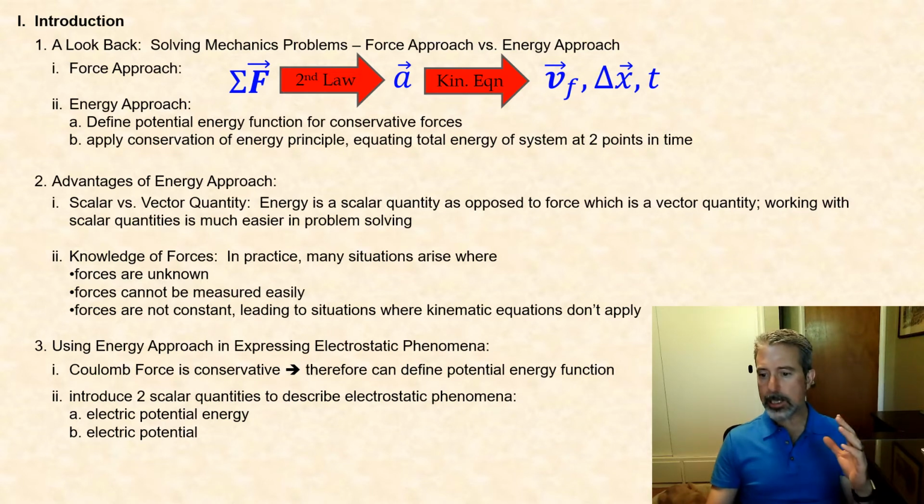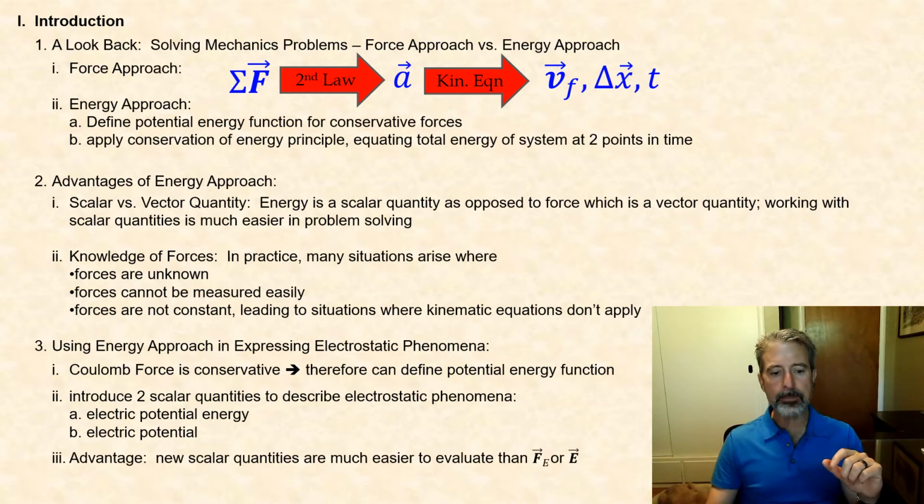And as we will see, just as we saw in the field of mechanics, this is very advantageous. These new scalar quantities are much easier to evaluate than the Coulomb force or the electric field itself. Why? Because force and field are vector quantities, and they're much harder to evaluate.